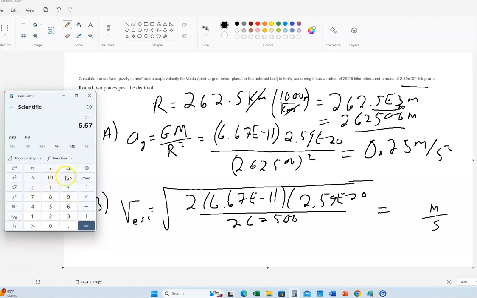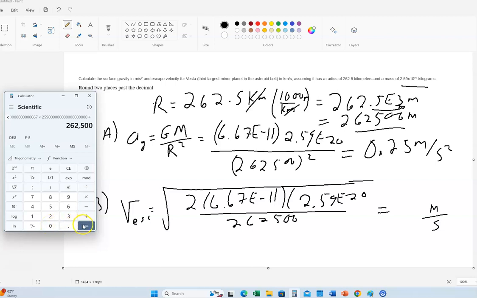6.67 times 10 to the minus 11th times the mass, which is 2.59 times 10 to the 20th, divided by 262,500.